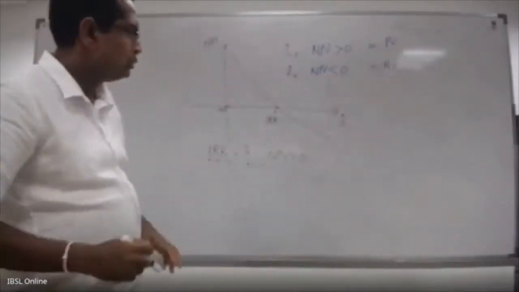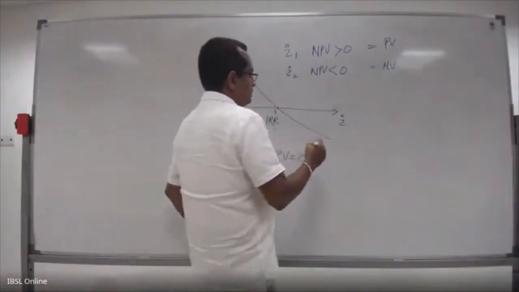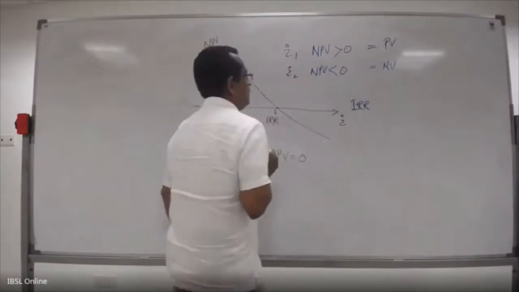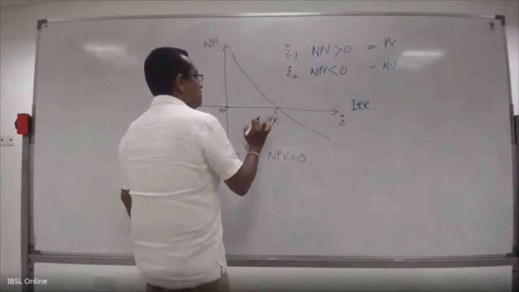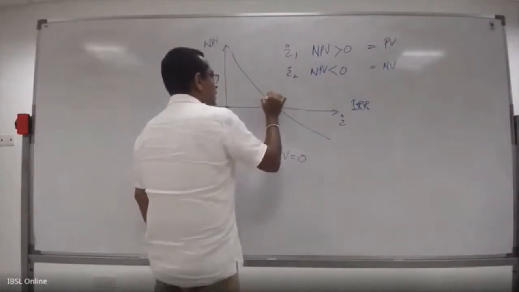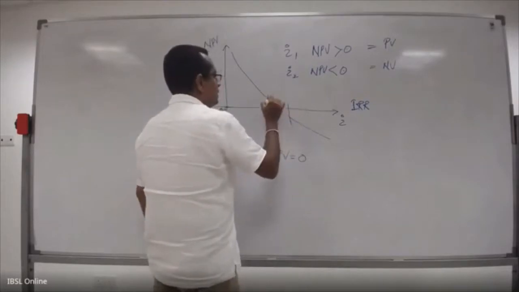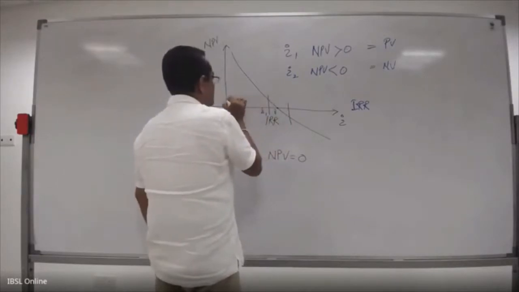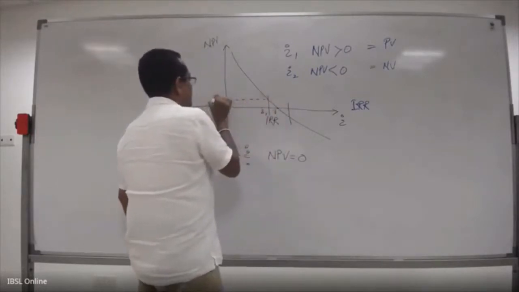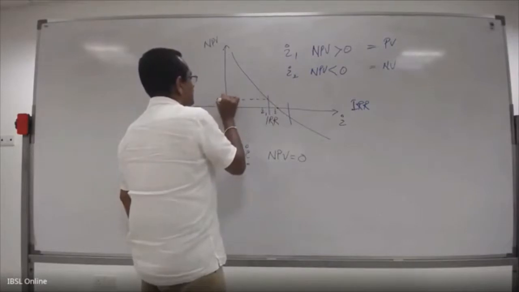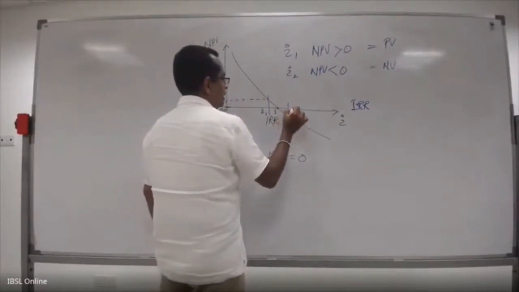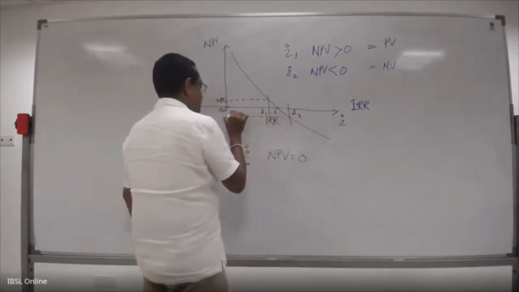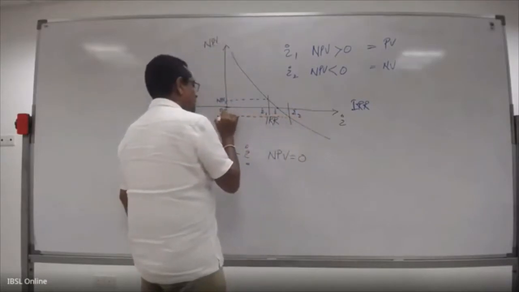So IRR would be, I want 2 interest rates, I1 with NPV 1, and I2 with NPV 2.